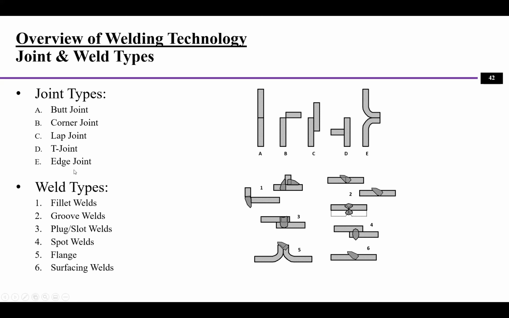And then for welding types, for different joints, for example, this type of one we can call the fillet weld. And for the two, here is more creating a certain groove, so it's called groove welds. Or we can also do a slot weld, plug or slot weld, to join the materials.